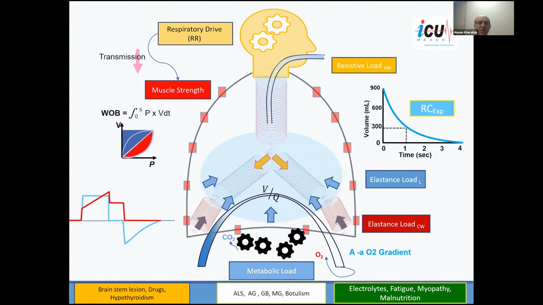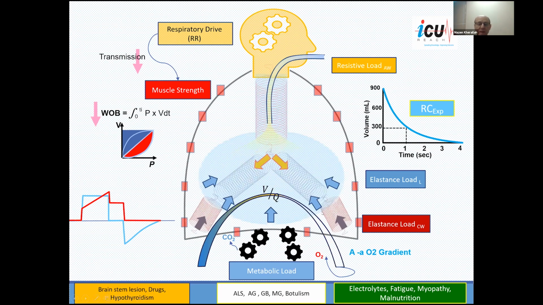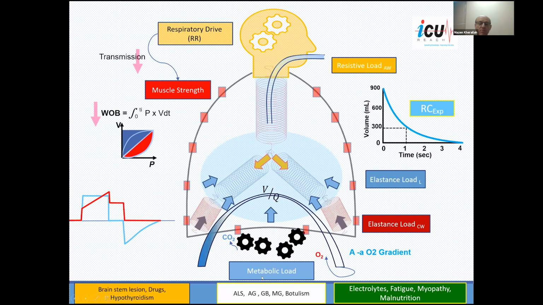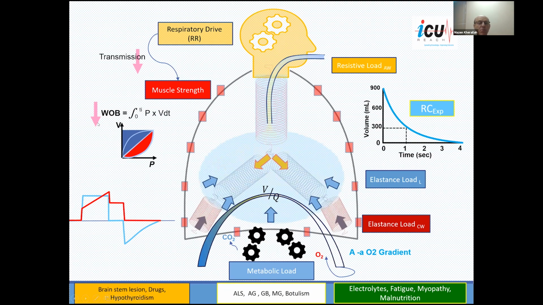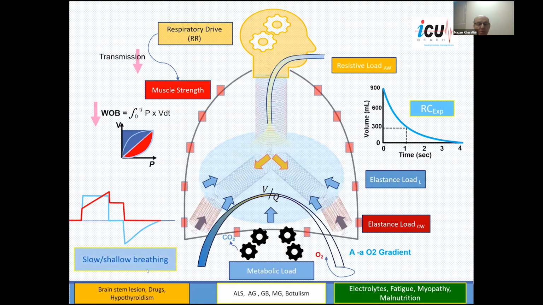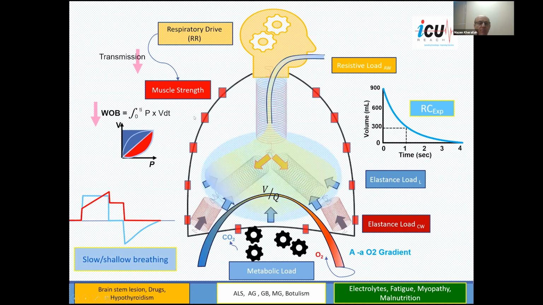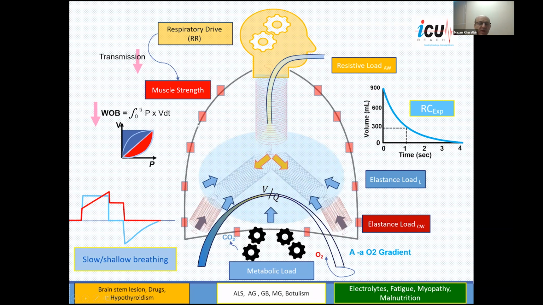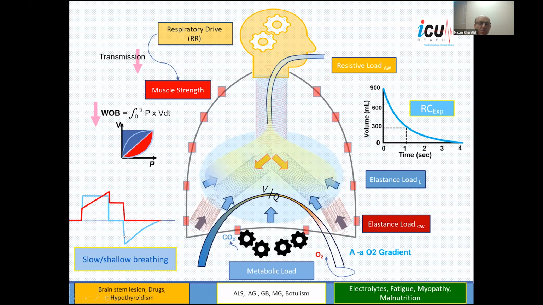So if you have a patient with decreased transmission, the work of breathing that is usually normal to overcome the normal resistive, elastic and meet the body's metabolic loads, that work of breathing is less than usual. And the patient would have slow and shallow breathing because of the decreased respiratory drive and ineffective muscles that this patient would have.